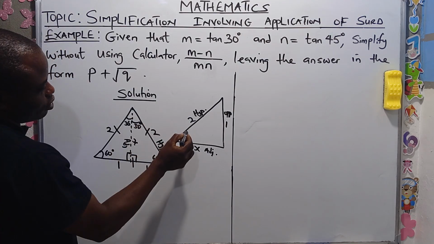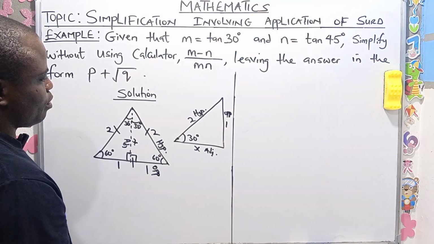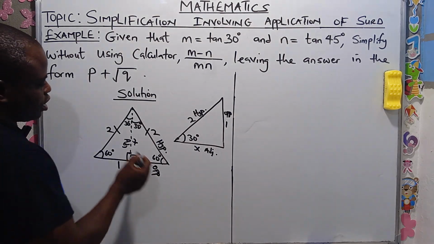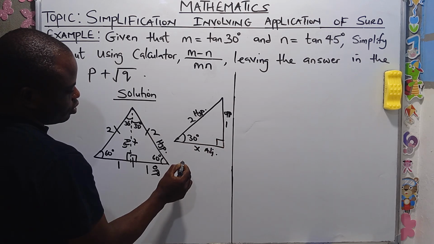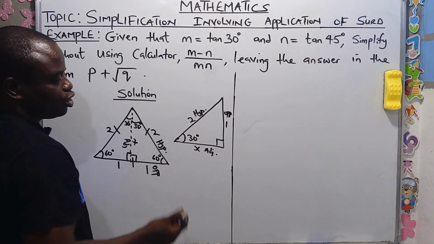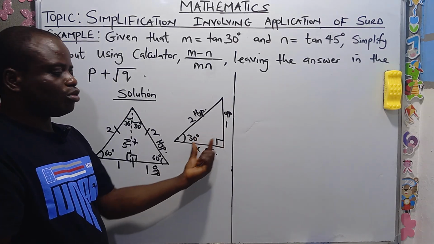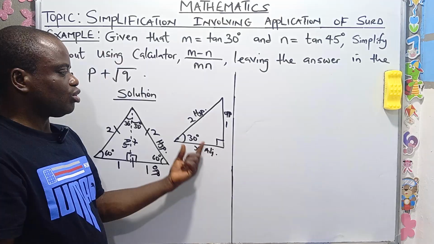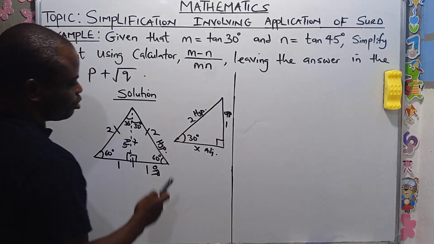This is the angle 30 degrees. Okay, let's find the adjacent. Since this is a right angle triangle, the addition of the squares of the two smaller sides equals the square of the longest side, which is the hypotenuse.